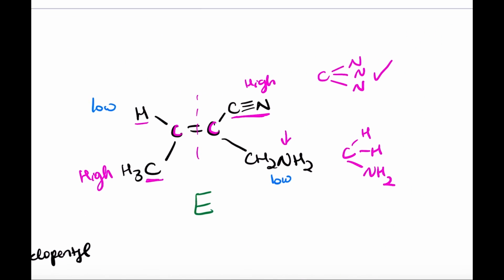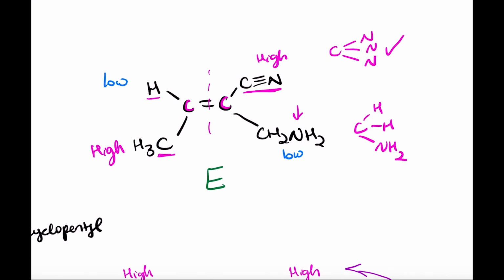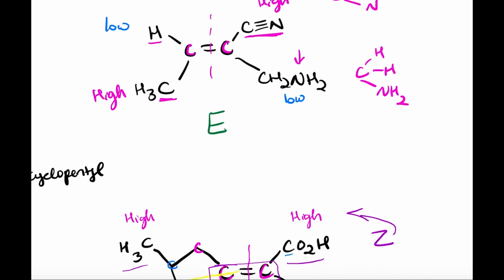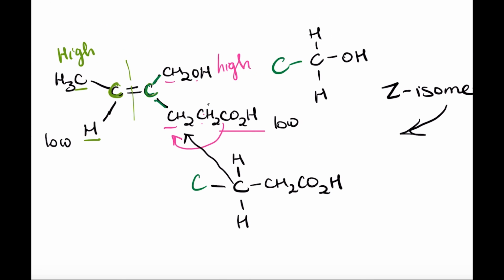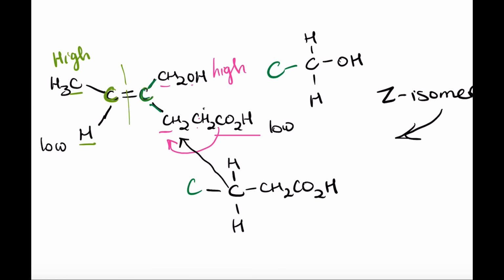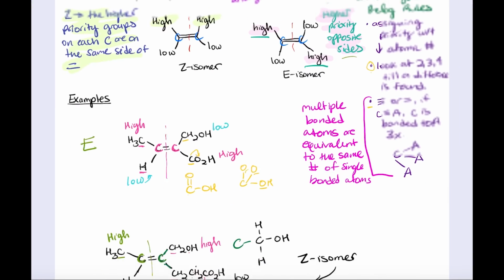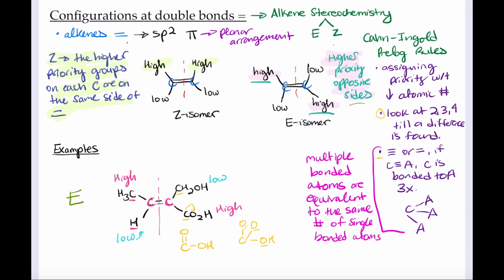This is an E configuration because you have the higher priority groups on opposite sides here. And you have another Z isomer because you have the higher priority groups on the same side of the double bond. And here finally, you have E, which is the higher priority groups on the opposite side of the double bond.